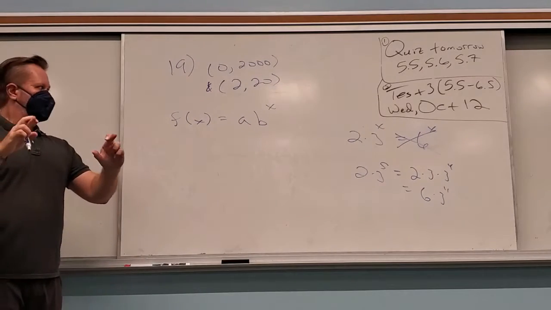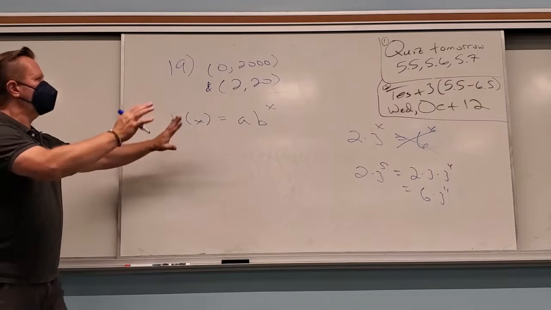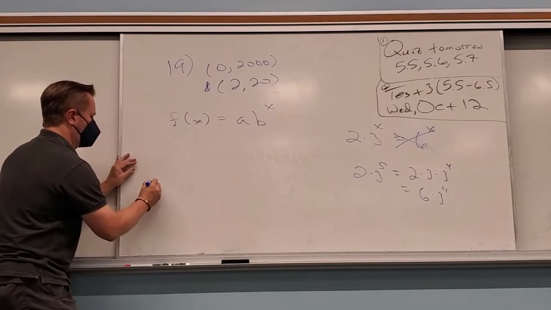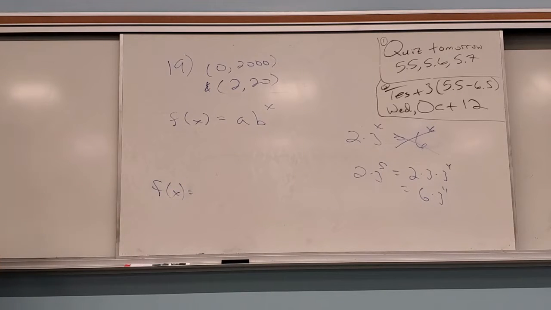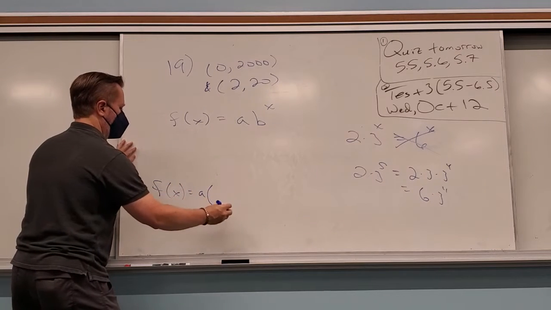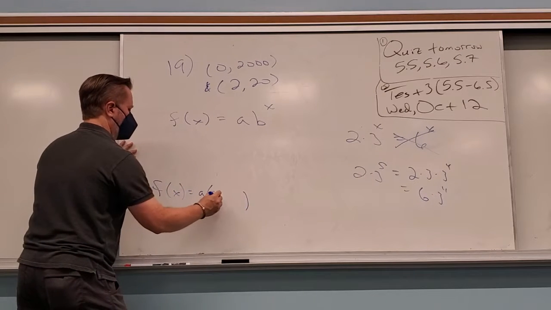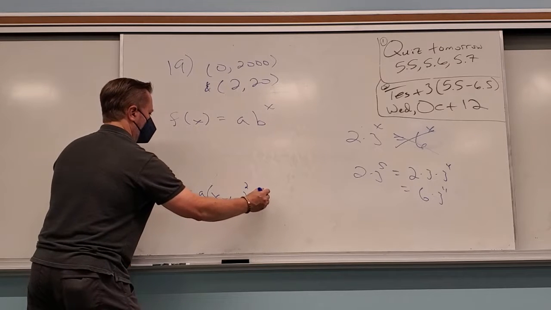Okay. So, just like we know, can somebody remind me, what's the general form for a parabola, for a quadratic? What's the standard form? I'll get it started. A times (x minus h) squared plus k.